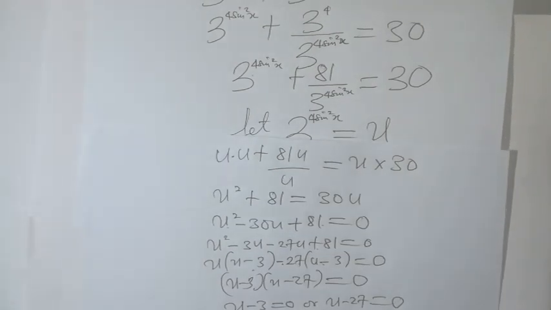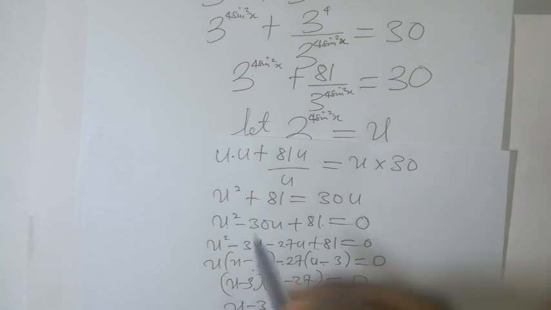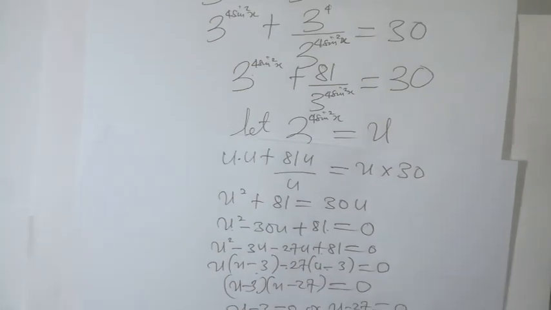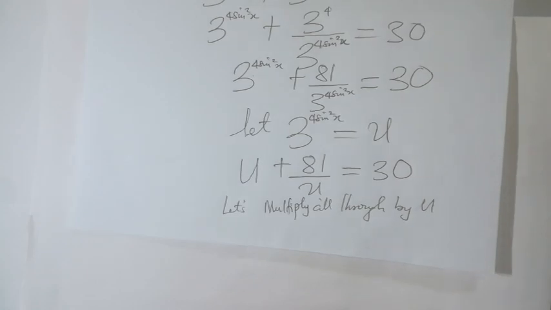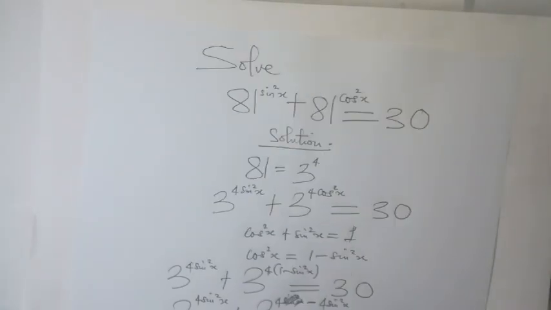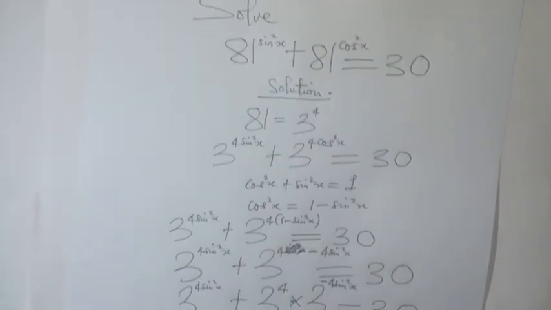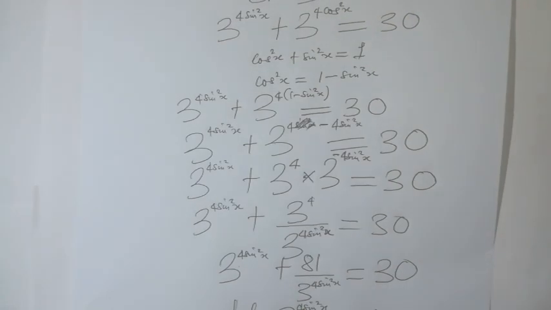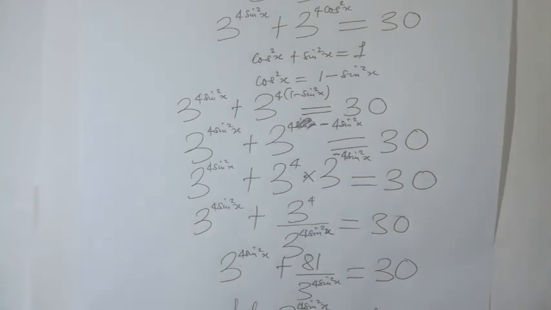But mark you, we are not asked to find the value of u. We are supposed to find the values of x. You get it? And from our main question, if you recall, we said what? Let 3 to the power of 4 sine square x be equal to u. You get it?